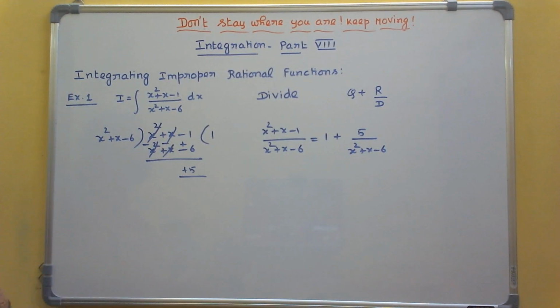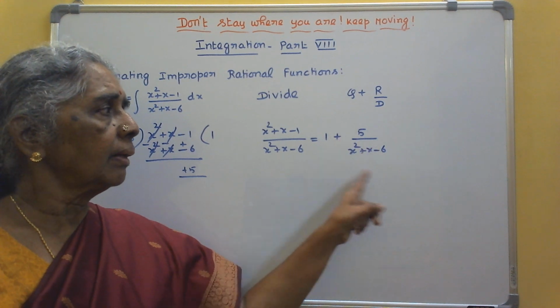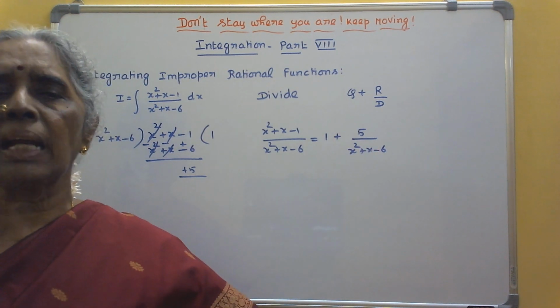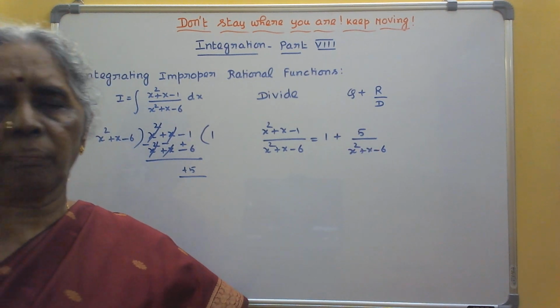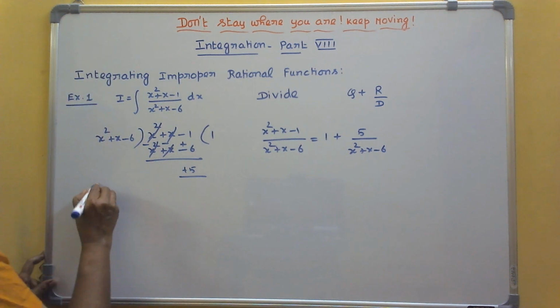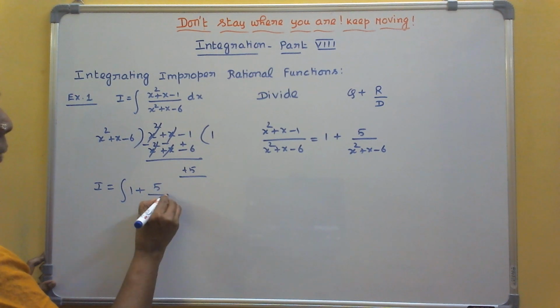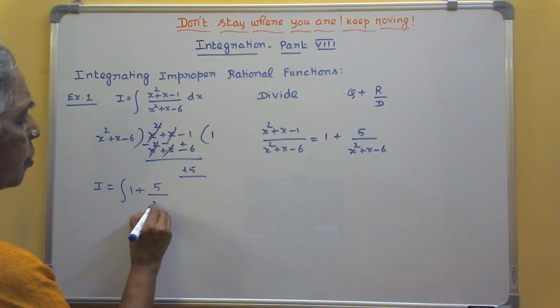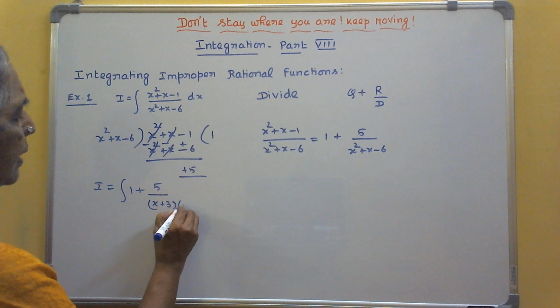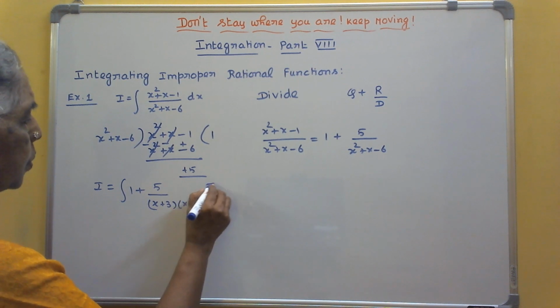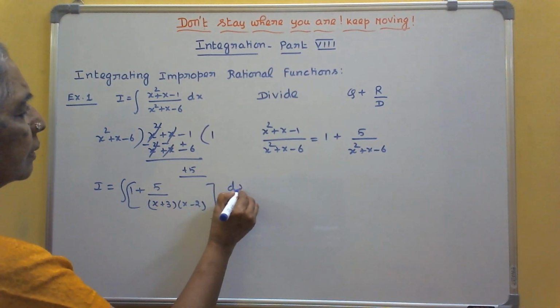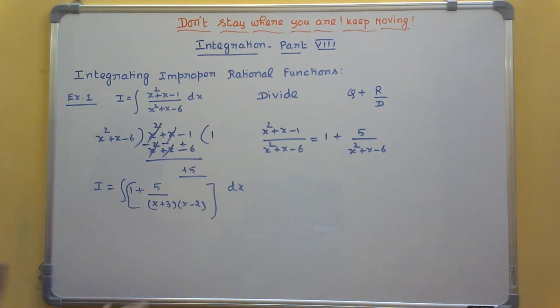Okay. Now if you look at the second part, that becomes a proper rational function. That is the purpose of division. So now let us write I will be equal to the integral of 1 plus 5 by, you know this can be factorized, so I will straight away write (x plus 3) into (x minus 2), dx. Now I can split it into 2 integrals.